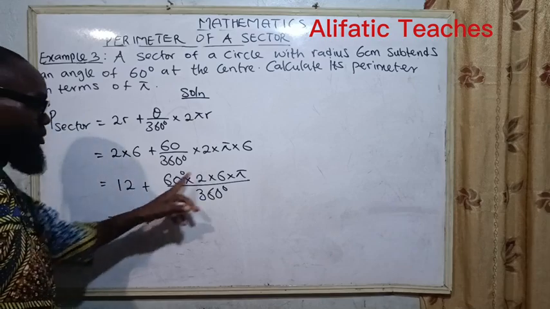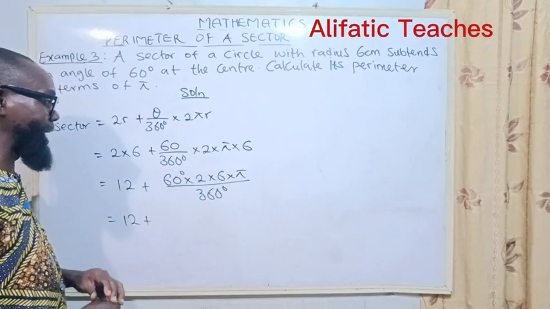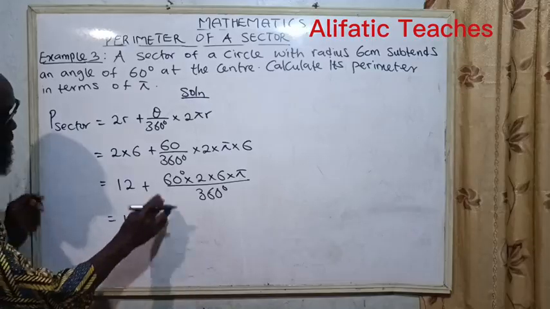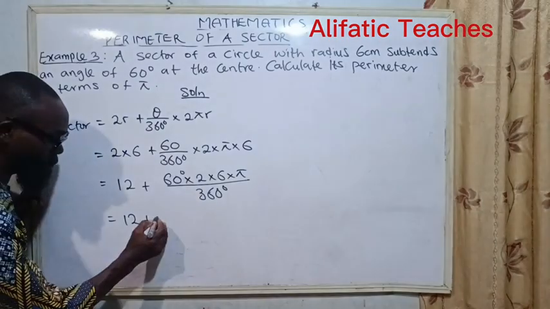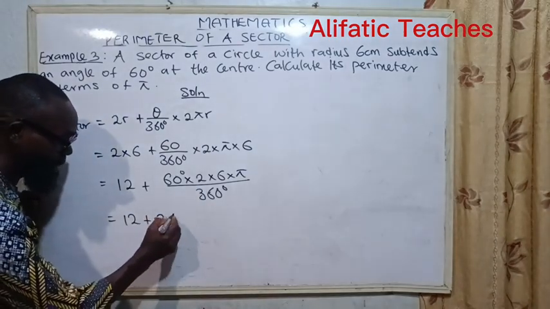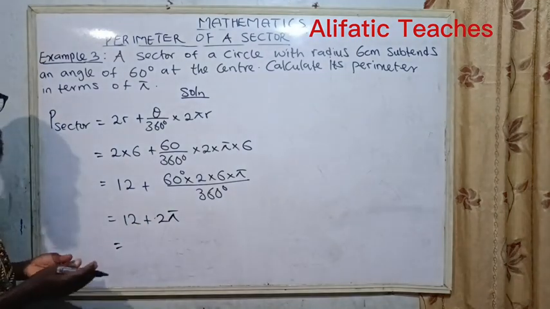So let us multiply the numerator, then divide it by 360. It's going to have pi as our answer. So when you multiply this and divide by 360, we're going to have 2 pi. This is our final answer in centimeter.